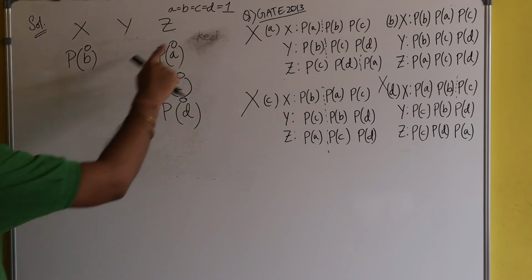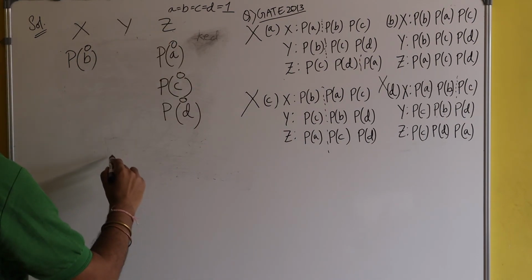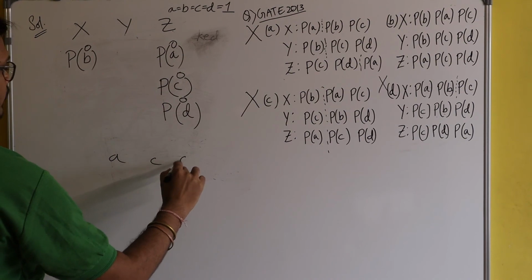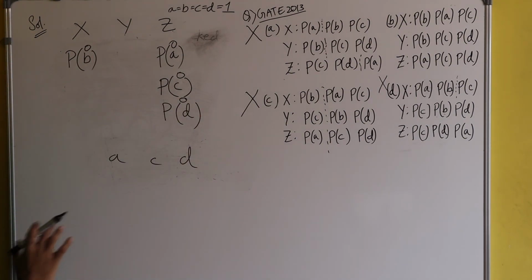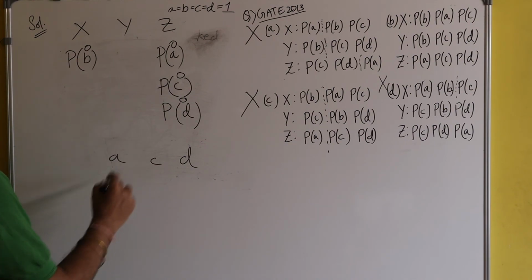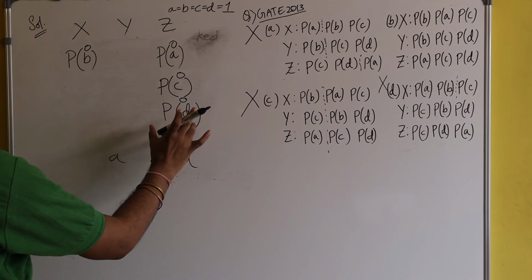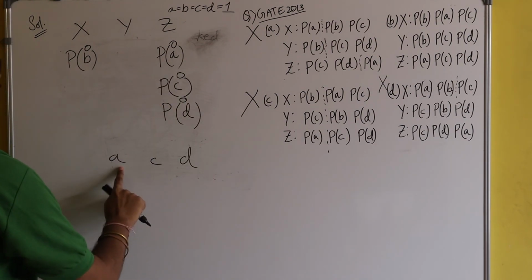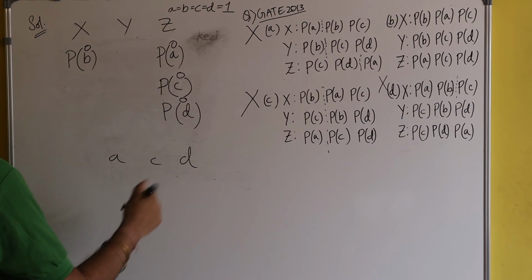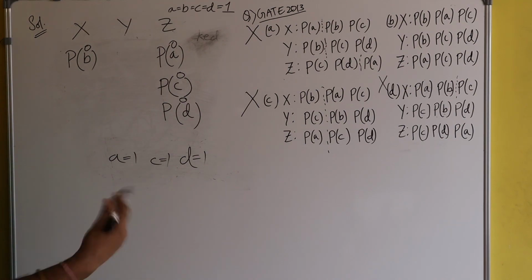So process Z has released the resources A, C, and D. Now A, C, and D will become 1. Become 1 means they are available.